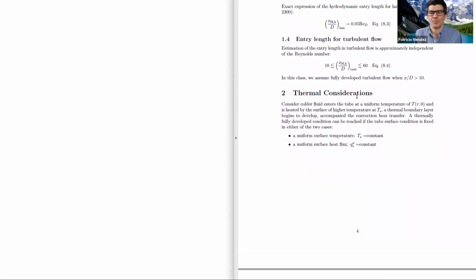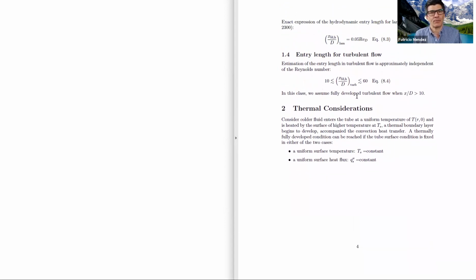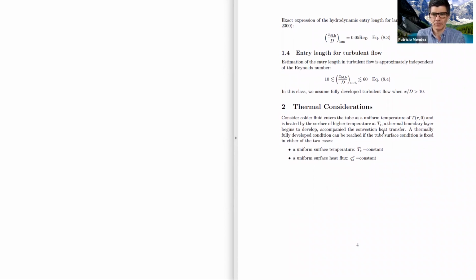So we had the formulas for entry length for laminar flow and turbulent flow. We did well with those.